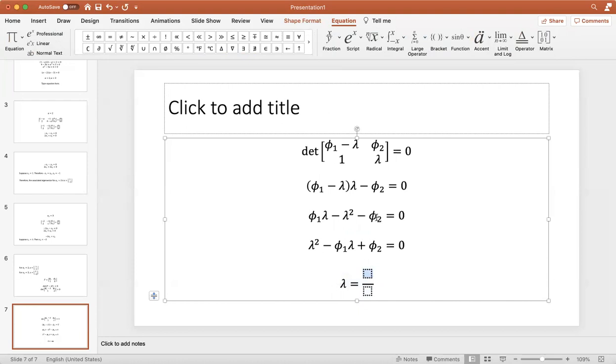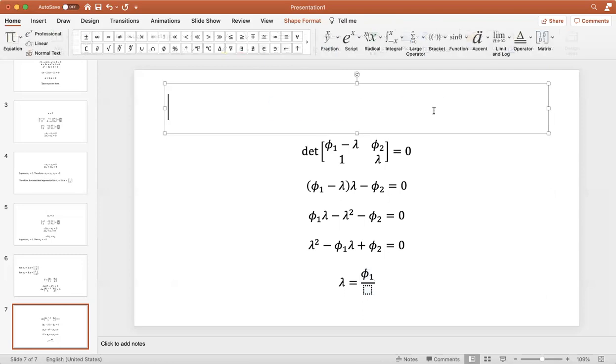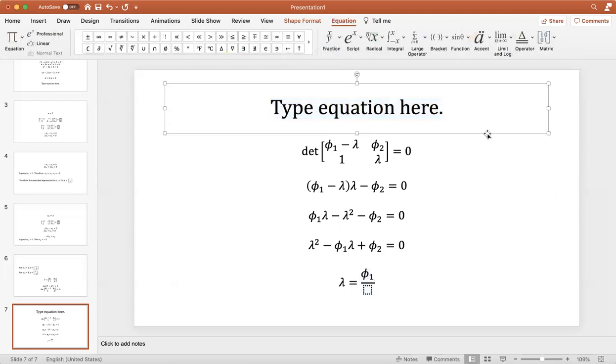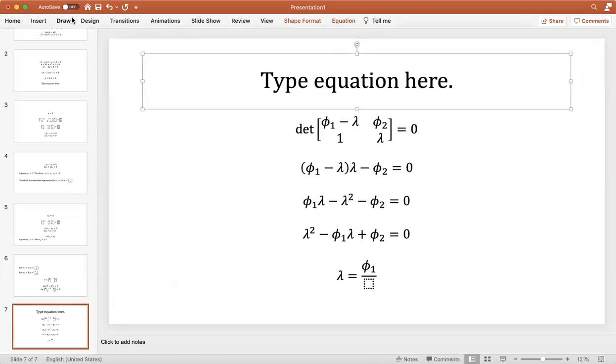And this is typical in solving eigenvalues. So the coefficient of lambda squared is a, this is b, and this is c. Let me just put the formula here. The quadratic formula should look like this.